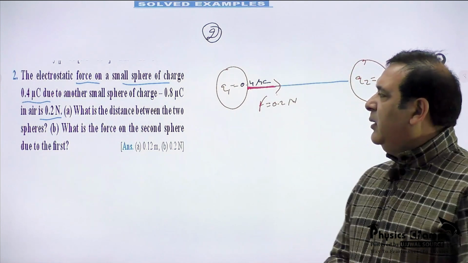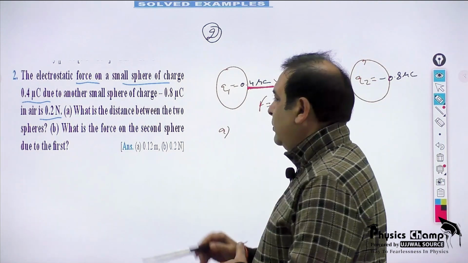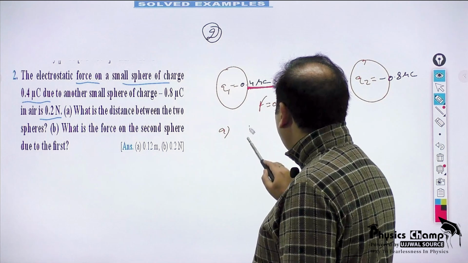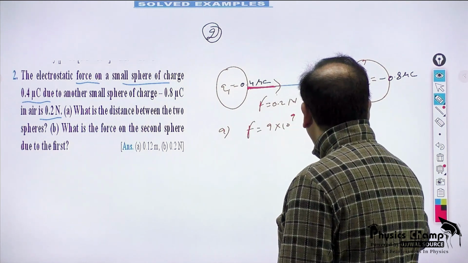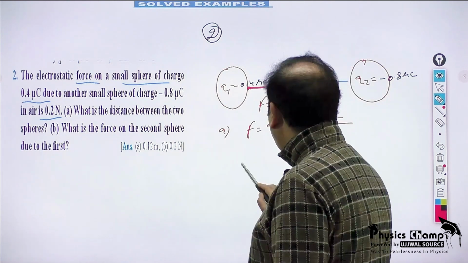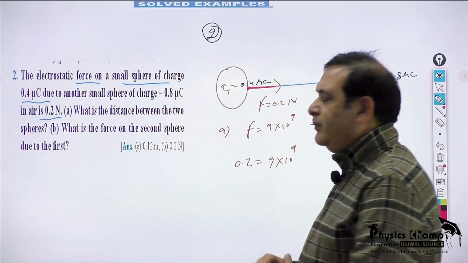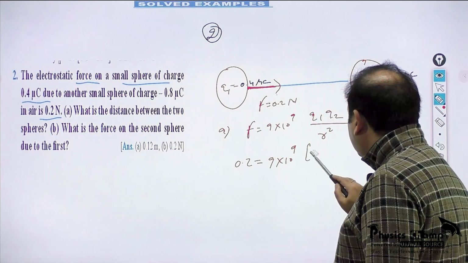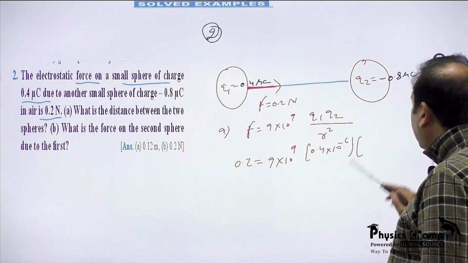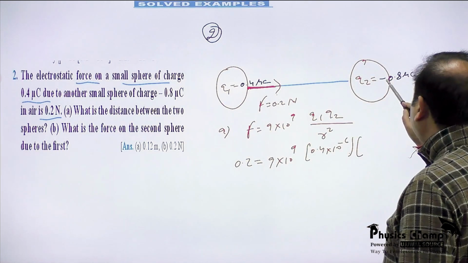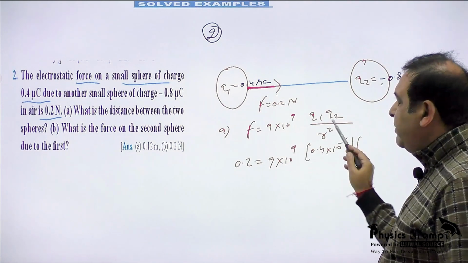In this situation, we are looking for the distance between the two. So I can say the force of attraction is 9 into 10 to the power 9 into q1 q2 by r square. The force of attraction is 0.2 Newton. Charge on the first one is 0.4 into 10 to the power minus 6. For the charge on the second one, I am not supposed to put the sign here, because it has a negative sign, but here we are just talking of the magnitude of the force.